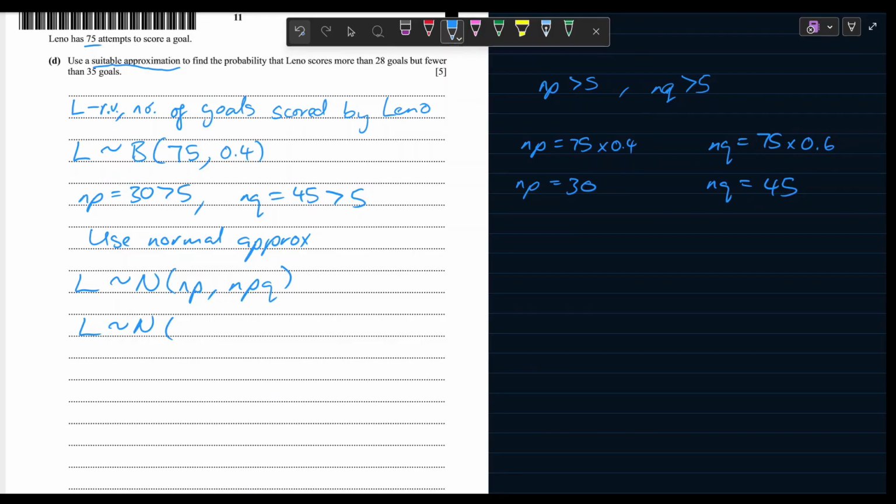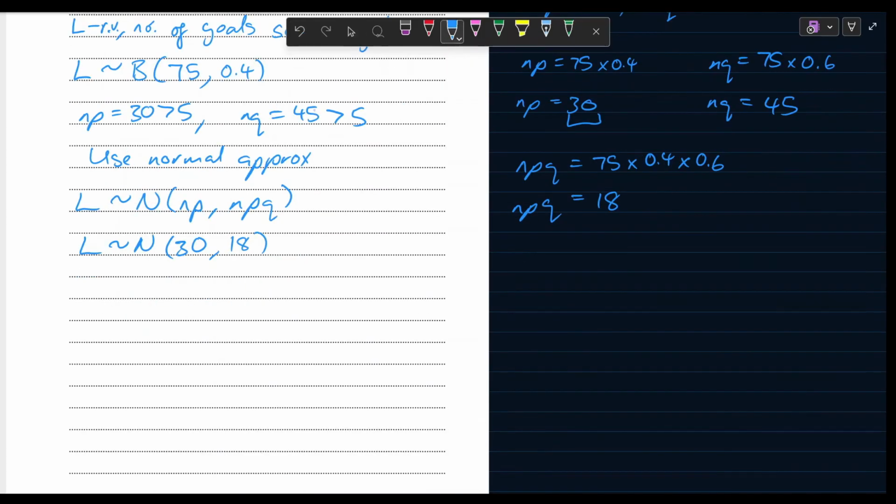The mean np we already evaluated to be 30. npq, let's find that. npq is 75 times 0.4 times 0.6, and this gives us 18. So that's 18 over there.